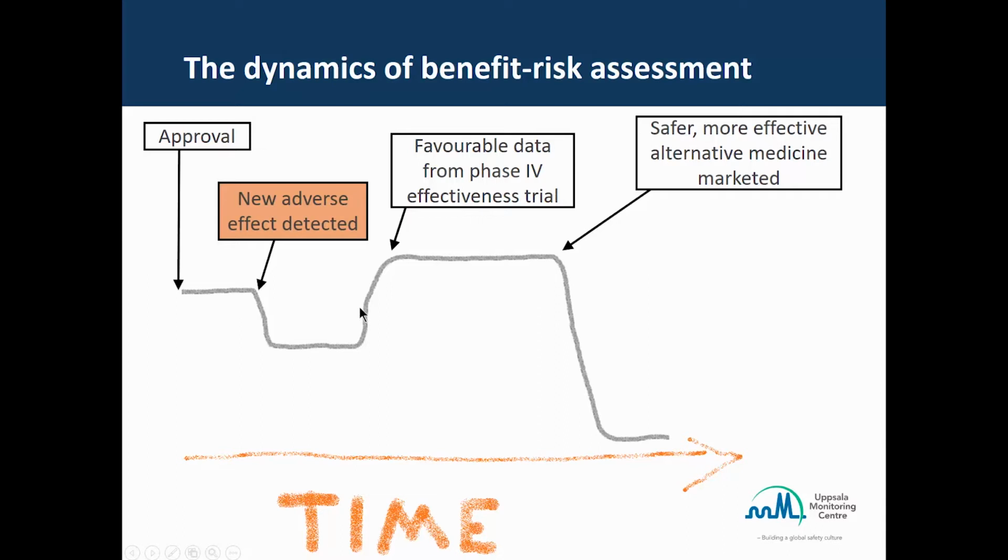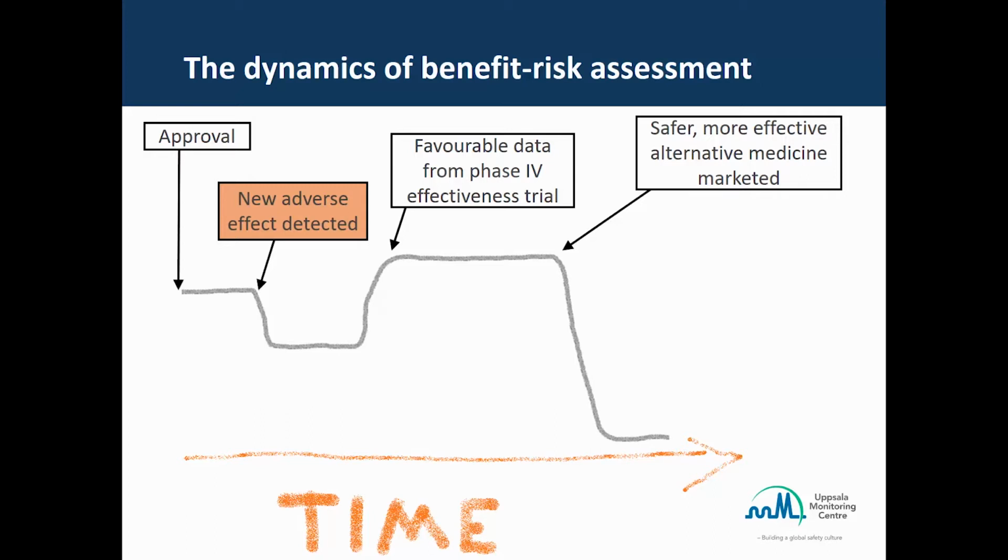And in pharmacovigilance, we are often concerned with detecting previously unknown adverse effects, which I've tried to indicate here in the colored box. When this happens, the overall benefit-risk balance of the medicine will go down inevitably. It's difficult to say exactly how much it will go down, but it should go down.